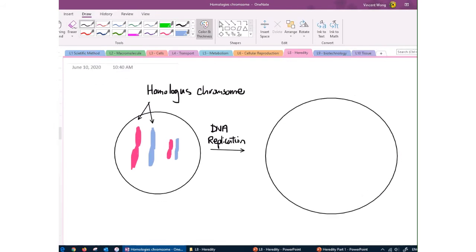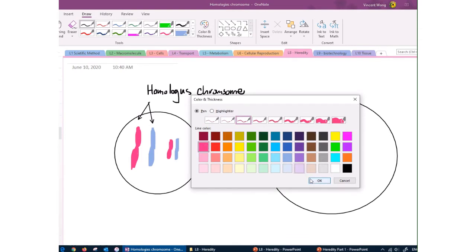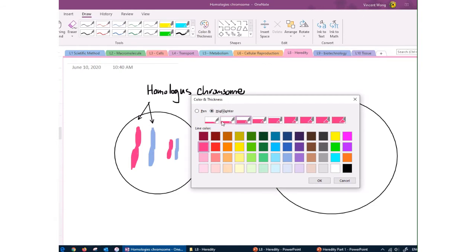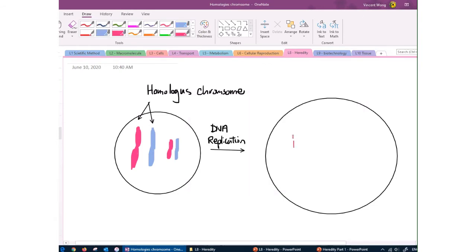After DNA replication, you will have two of each homologous chromosome now. So there's going to be one original chromosome 1 from mom, but after DNA replication, you're going to have a second one. Then you will have one chromosome 22 and a copy of it, and the paternal copy would be the same case.